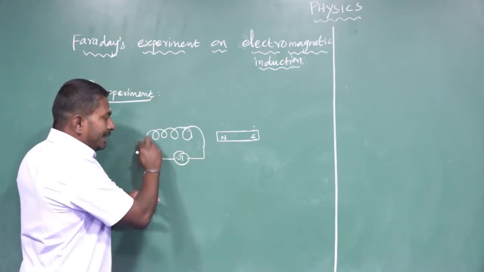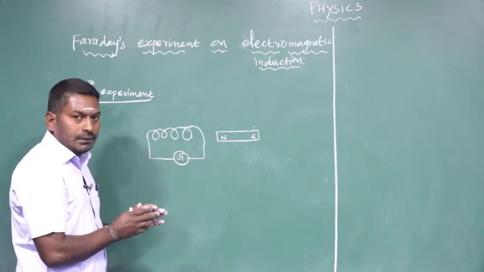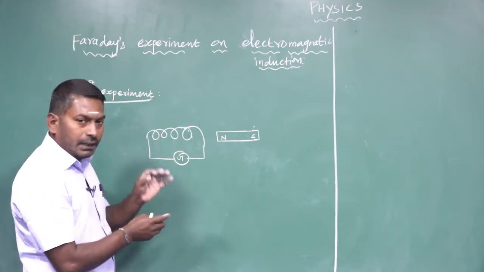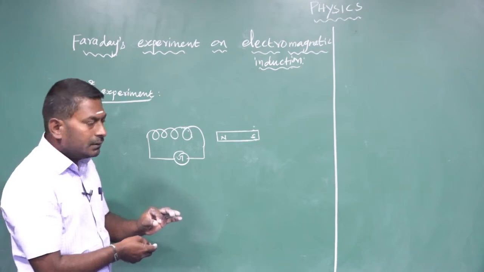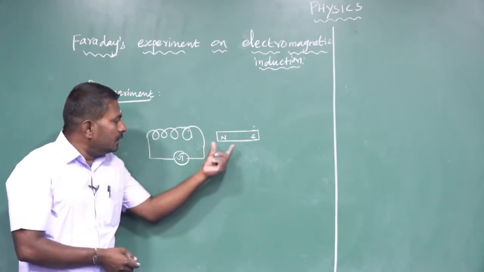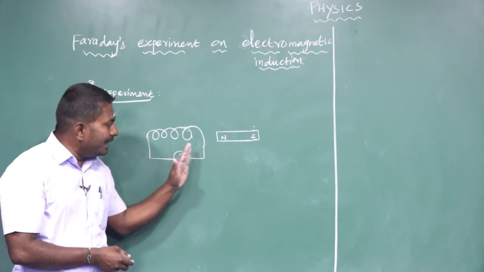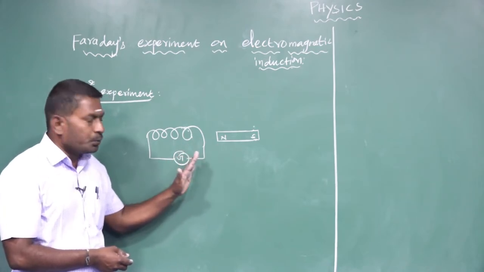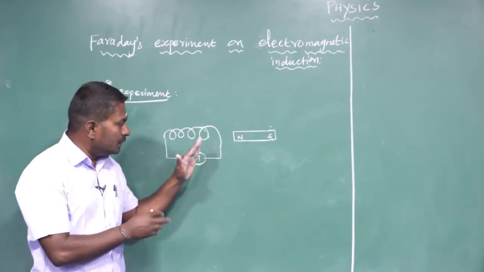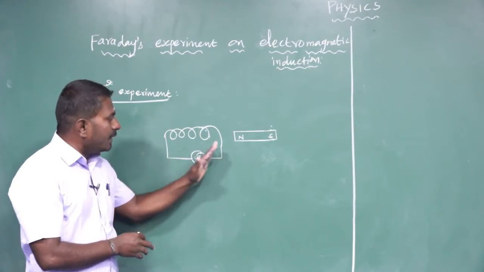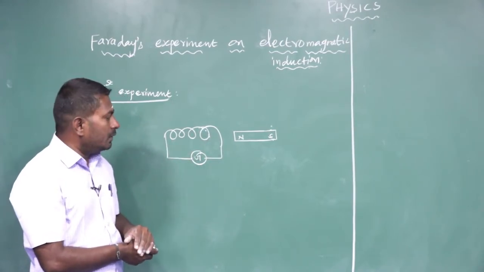There is no electric current set up in the coil. That is the main thing. Very important thing. Keep it in your mind. The bar magnet and the closed circuit are kept stationary. There is no relative motion between these two. That's why there is no electric current set up in the closed circuit.